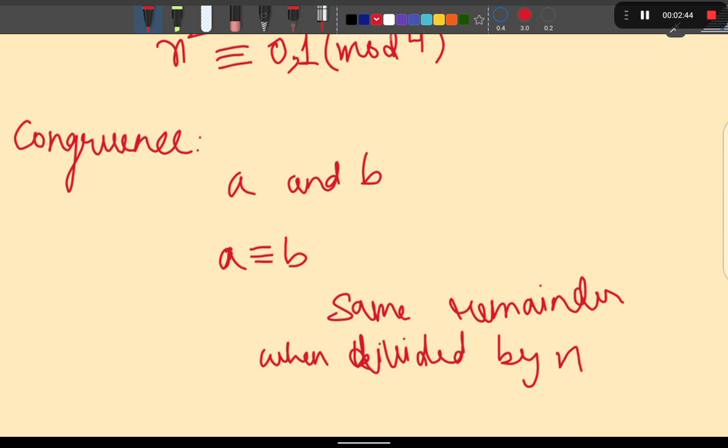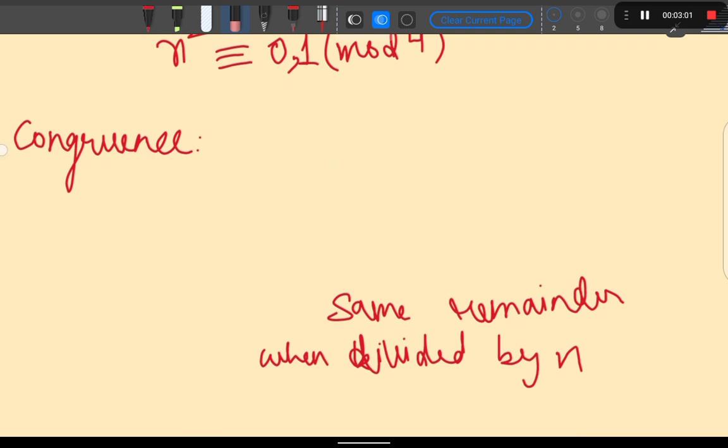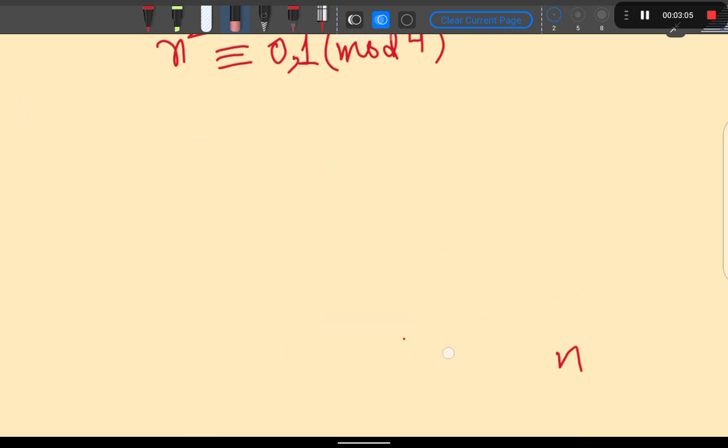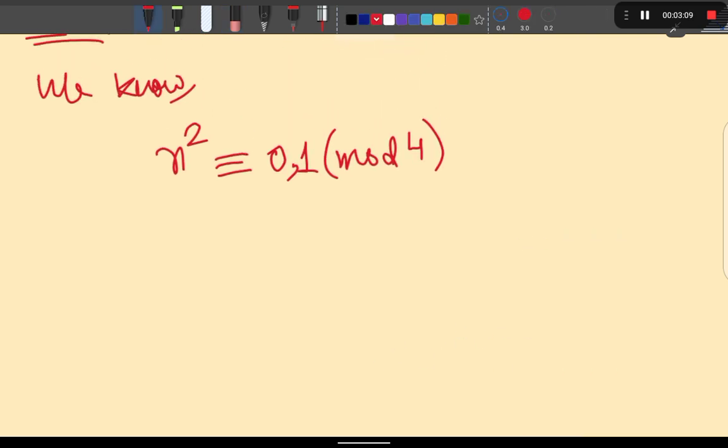So a is congruent to b mod n when they leave the same remainder when divided by n. By this we know that the square of any number is congruent to 0 or 1 mod 4.